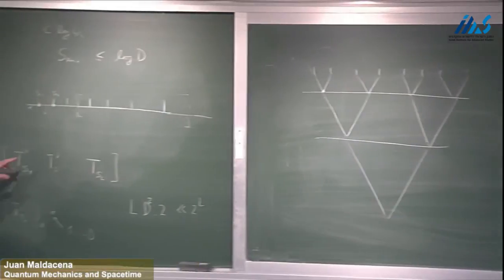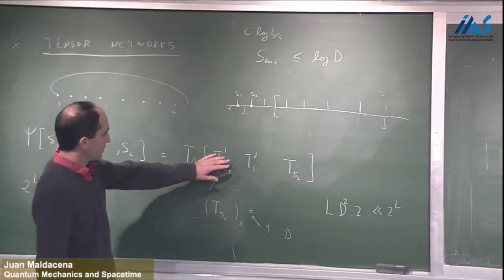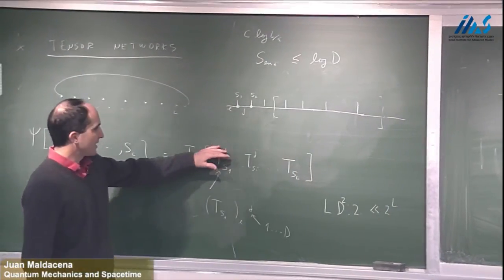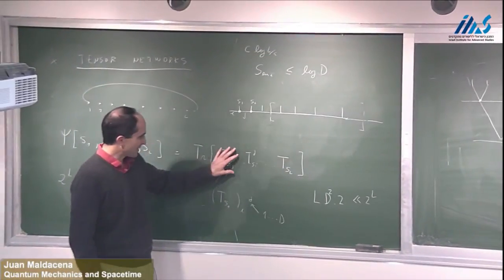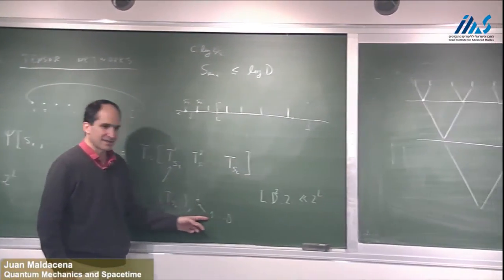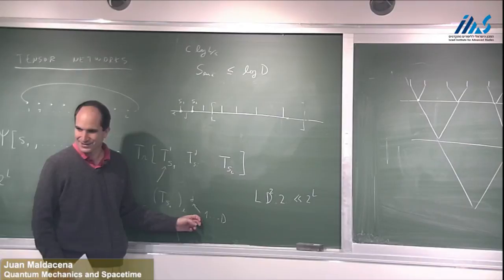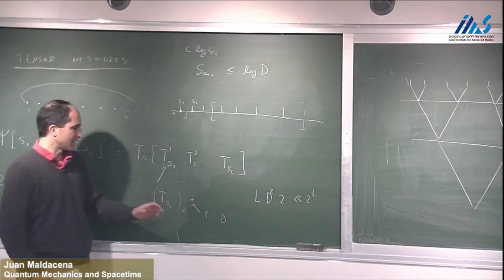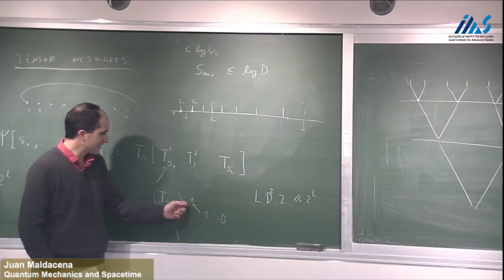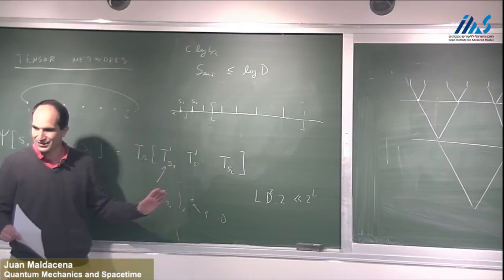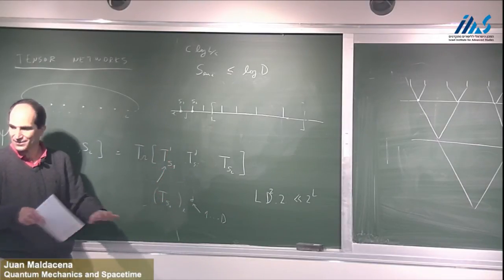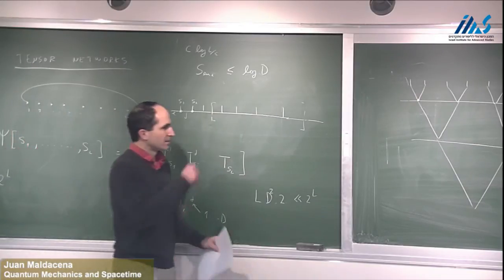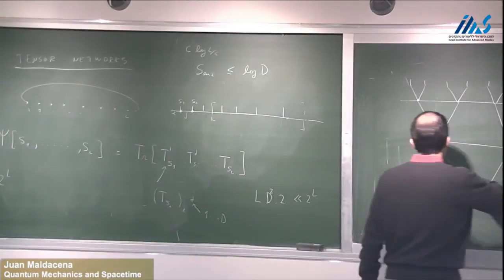I should have said that you can think of this as some state in a bigger system where the indices are also physical, right? And again, the state is entangled and so on. But these indices that appear here are completely auxiliary. They are not present in the original system. And the same is true in this construction.